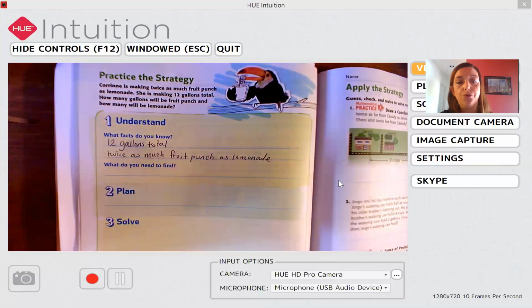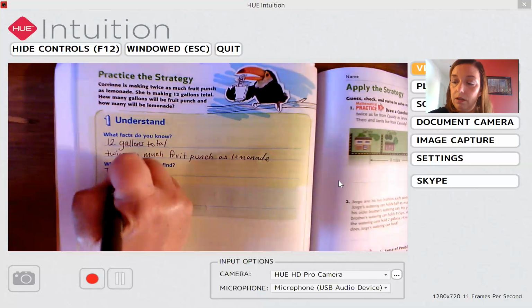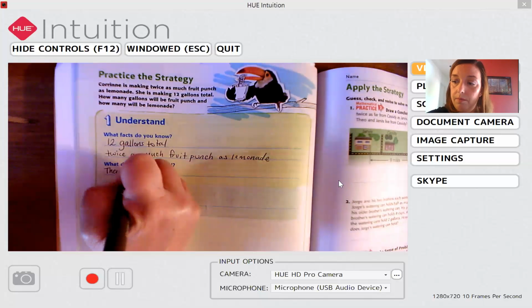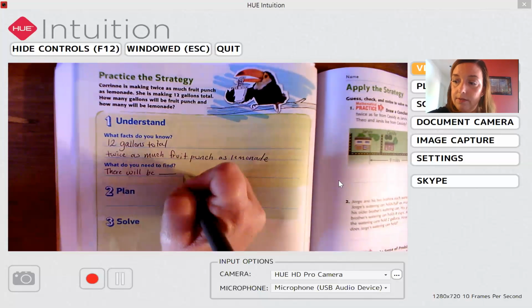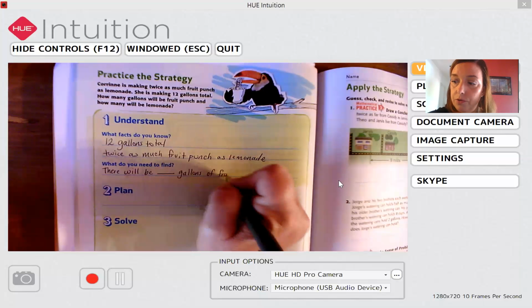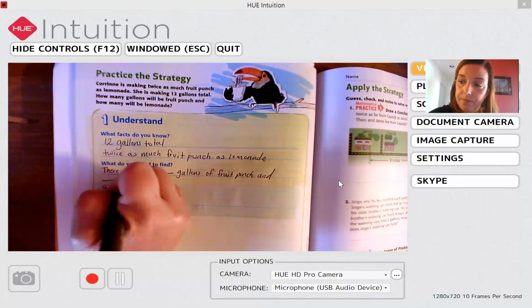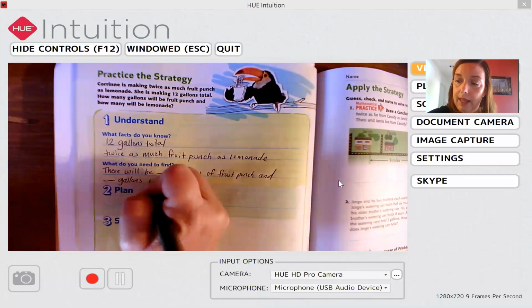All right, what do you need to find? So we need to find how many gallons will be fruit punch and how many will be lemonade. So there will be blank gallons of fruit punch and blank gallons of lemonade.